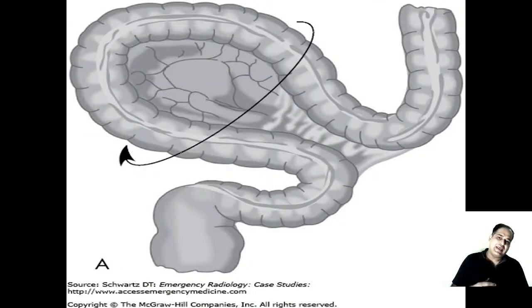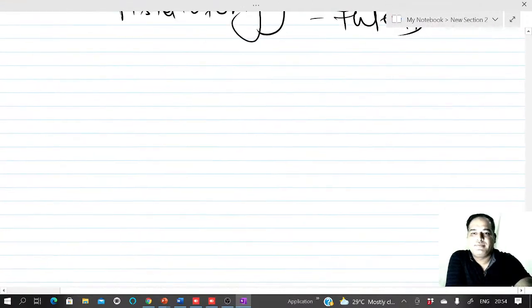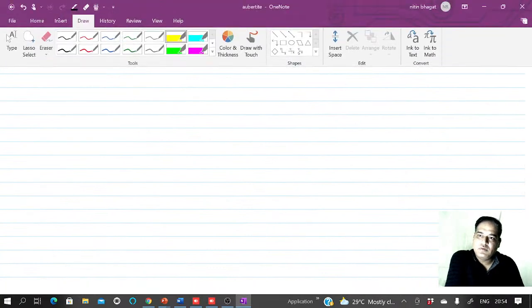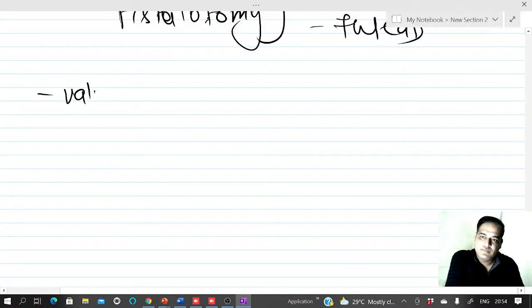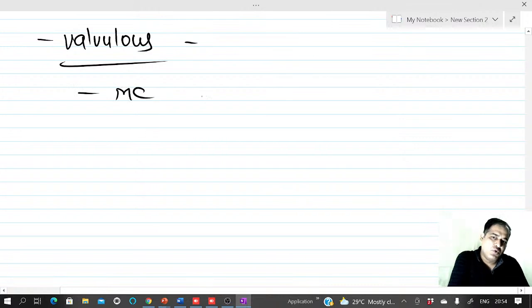Now we move to the next thing, that is the volvulus. Fine. Now volvulus, it refers to twisting of an organ over its mesentery. Now this is most common in sigmoid.